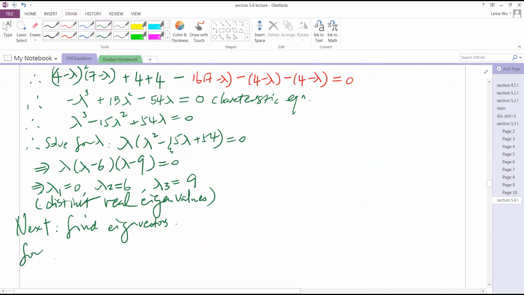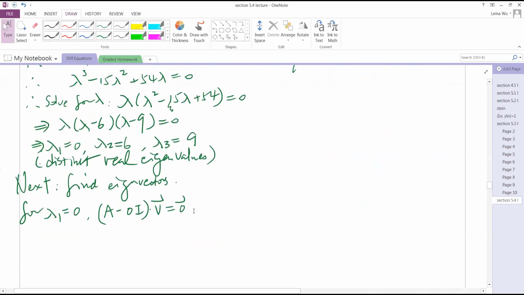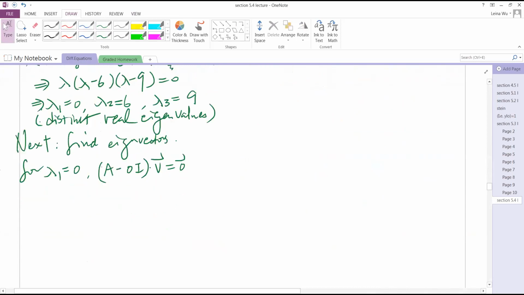First of all, for lambda 1 equals 0, the first eigenvalue, we're going to do A minus lambda I times V equals 0, right? A minus lambda I times V equals 0. Is that good?